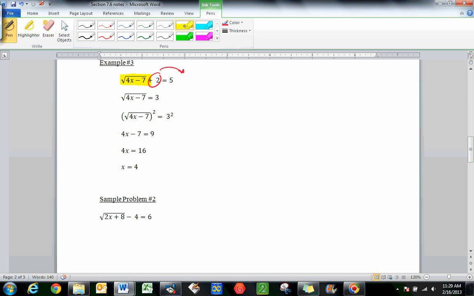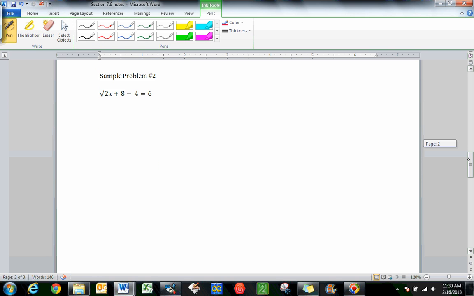So you can see here that we get the radical expression isolated, and we could square both sides to eliminate that. And then it's just a good old-fashioned Algebra 1 problem from there. So use that as an example for sample problem number 2. Go ahead and pause the video and work sample problem number 2.